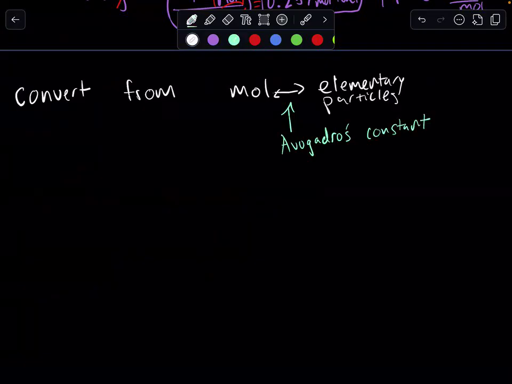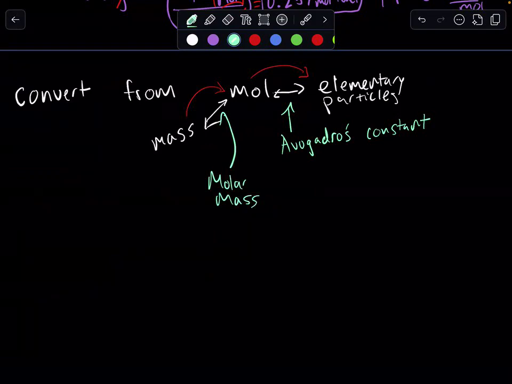But now, because we can also do mass to moles, we now have a way to convert mass all the way to elementary particles. Granted, we cannot go directly there. We have to use the mole to get there. And just to clarify, we are using molar mass here.